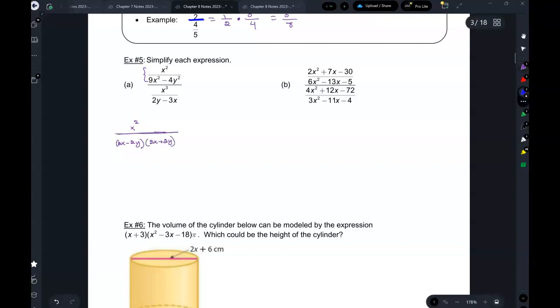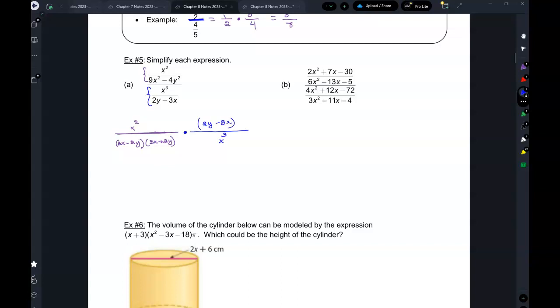Now, this is divided by this fraction. Divided by another fraction means the reciprocal of that second fraction. So that one in the blue, I gotta take the reciprocal of it. So I'm gonna put the x cubed on the bottom and then 2y minus 3x on top.